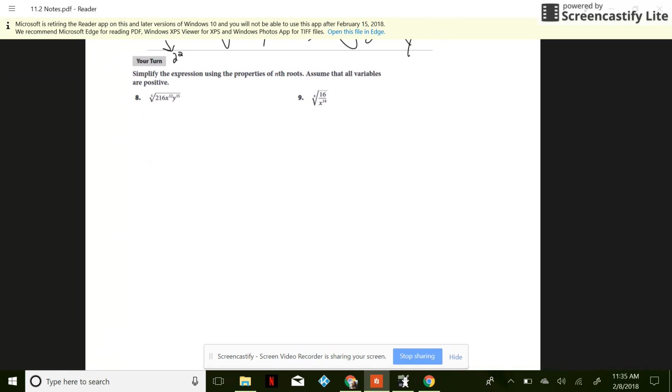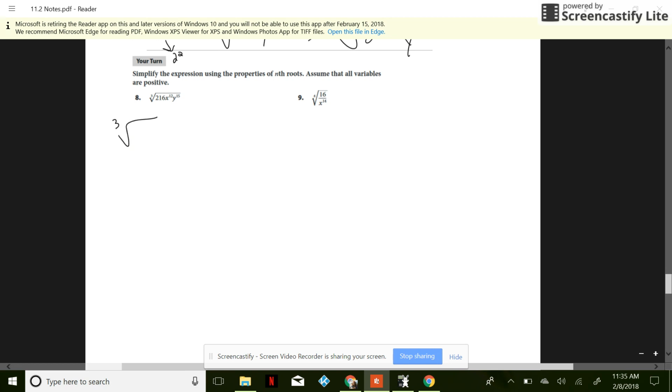So here we want to break this apart. We're looking for, is 216 a perfect cube of something? You can check that on your calculator. And it is, in fact, a perfect cube of 6. So I'm going to break apart this product into its different pieces. We've got the cube root of 6 cubed. We'll have the cube root of x to the 12th and the cube root of y to the 15th.